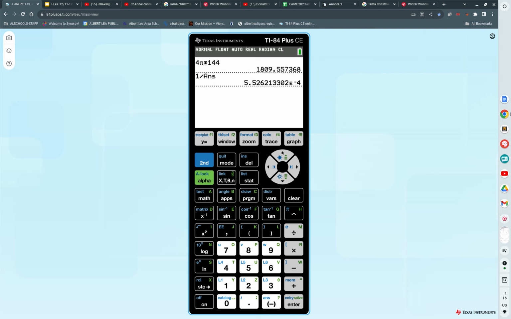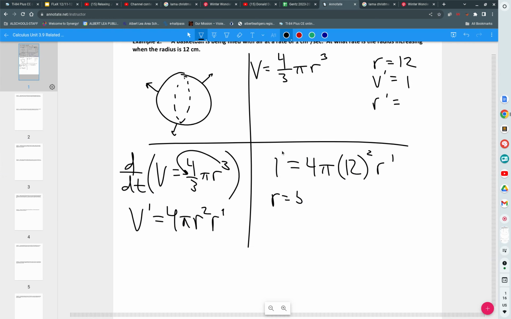And I get 5.5 times 10 to the negative 4th. So r prime is equal to 5.5 times 10 to the negative 4th. If you'd like to move the decimal point over, r prime is equal to 0.00055, and it is centimeters per second.